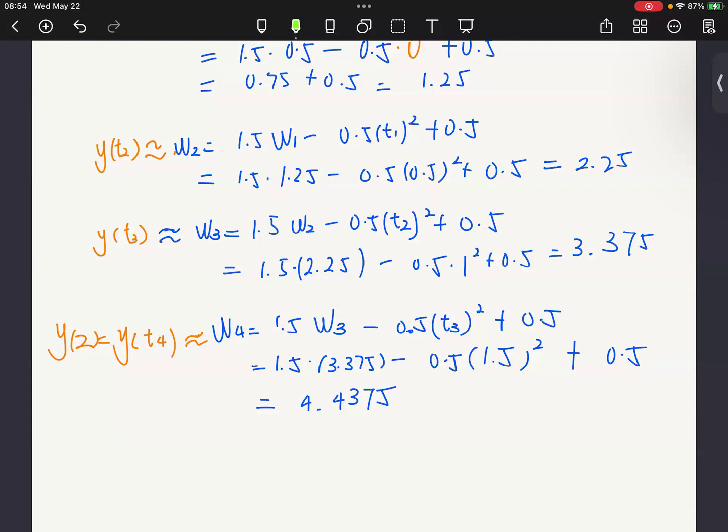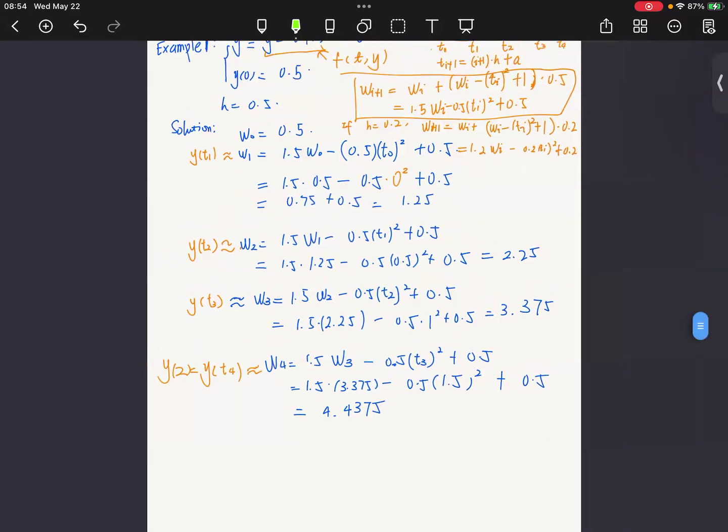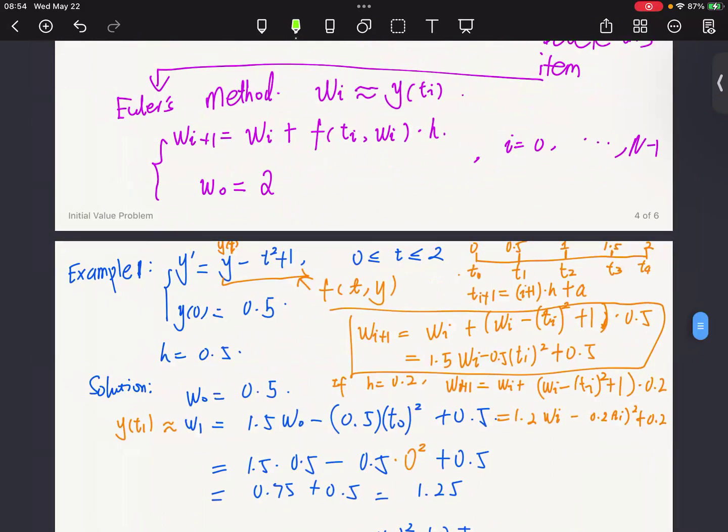Let me see, there's something wrong. This one should be W3, right? It should be 3.375 here, 0.5. Why is it 0.5? That's because at the very beginning we have this formula here: 3.375 times 0.5, and then ti squared. Right? So we have T3, and T3 is 1.5, squared.